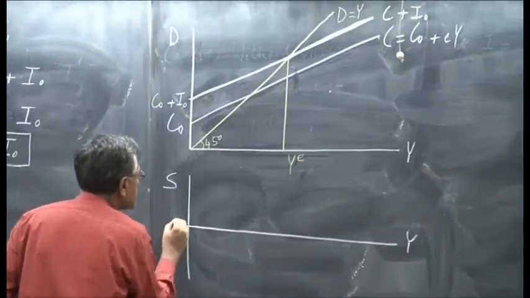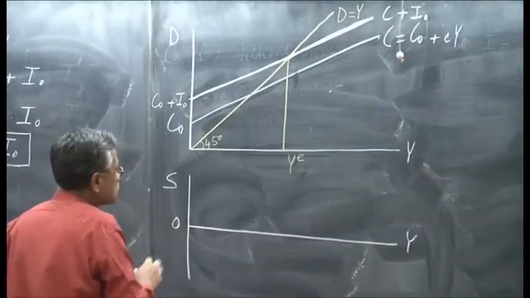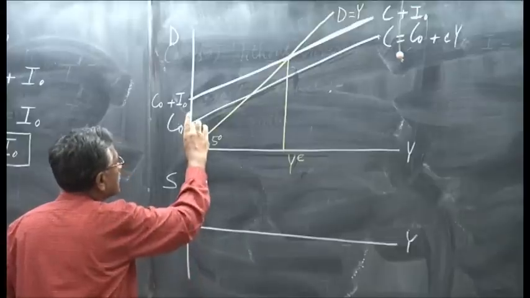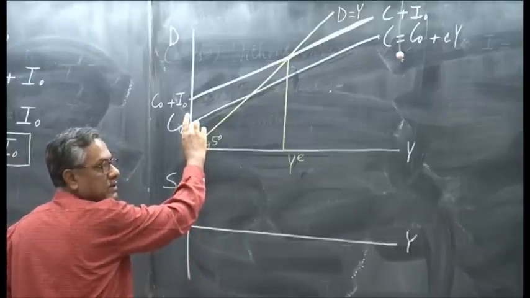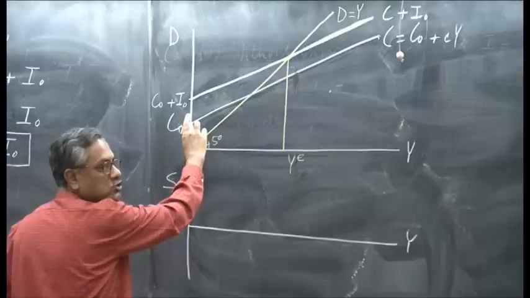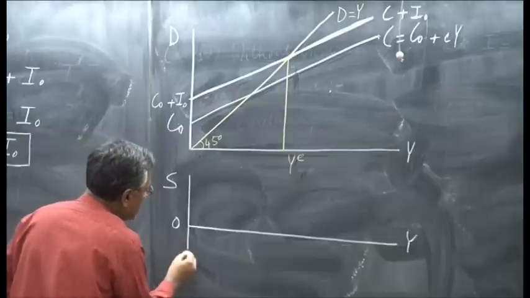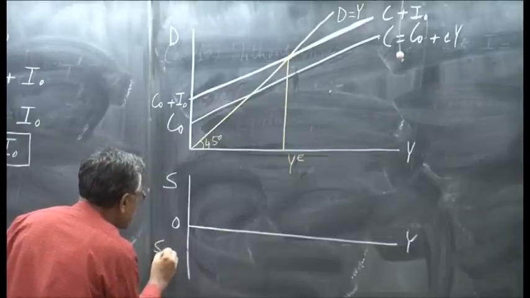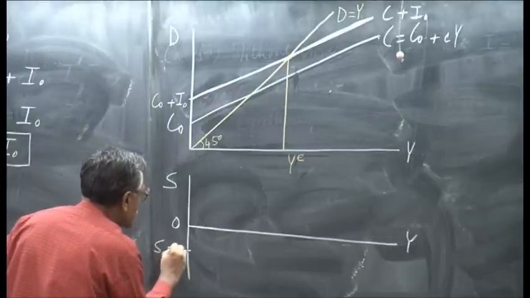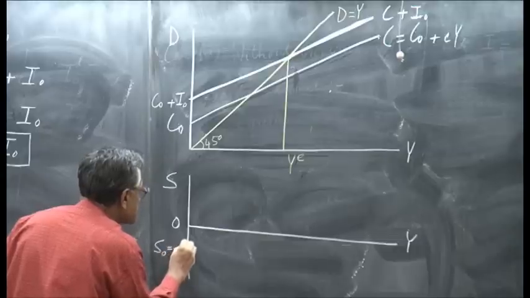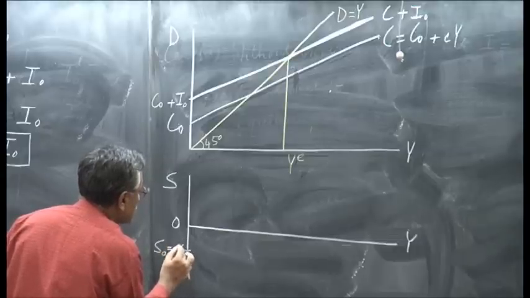Now this is the zero value. So at Y equal to 0, this is the amount of dissaving. C naught is equal to S naught, I said. So this amount of dissaving takes me to the S naught value here, which is equal to minus C naught.